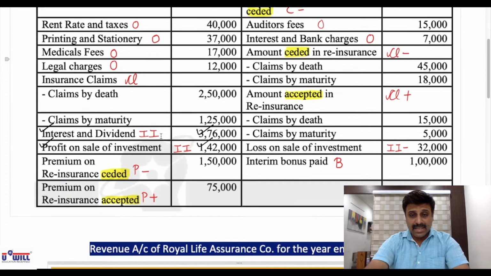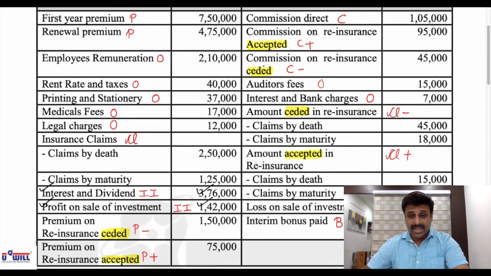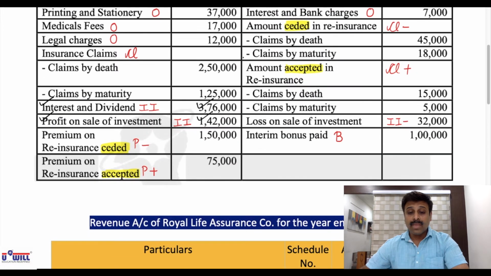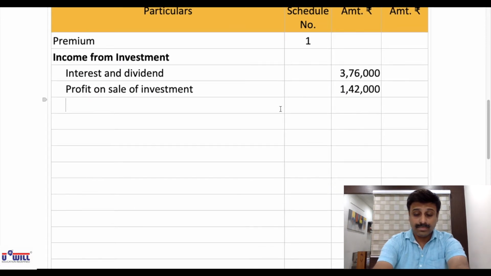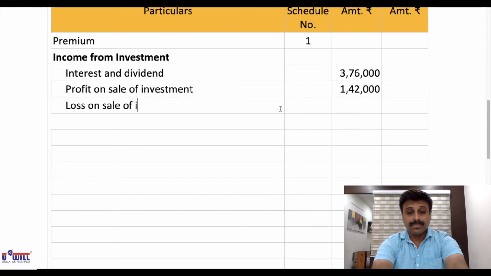Then after that, what is the next item marked as II? Check it, everyone. Loss on sale of investment, 32,000, that we have to show as a negative figure. Okay, minus means in brackets, 32,000.